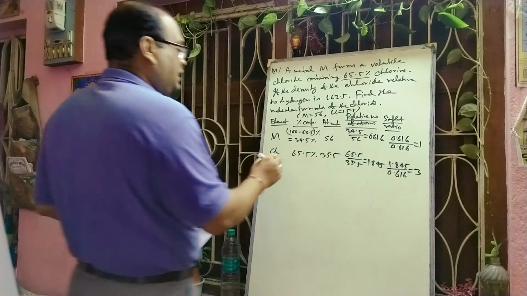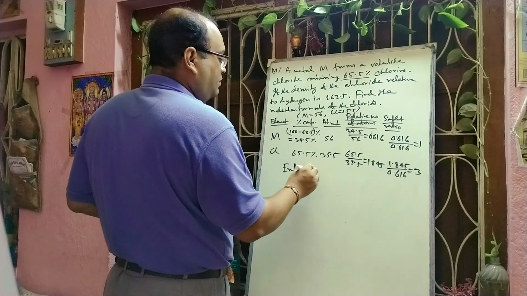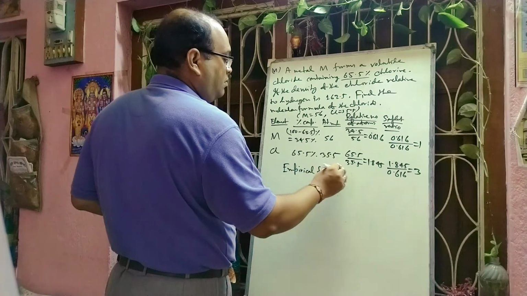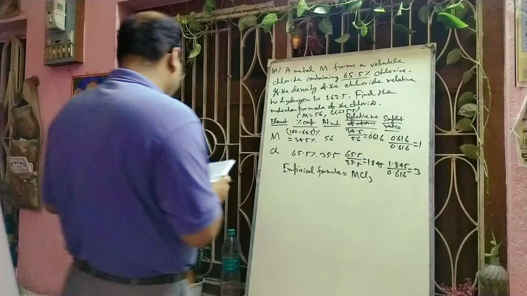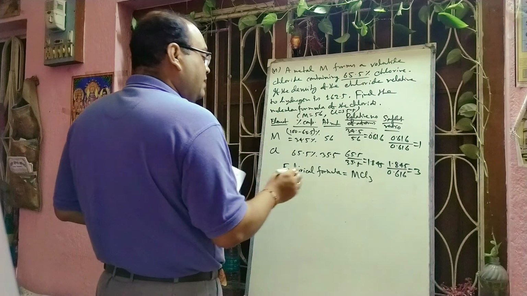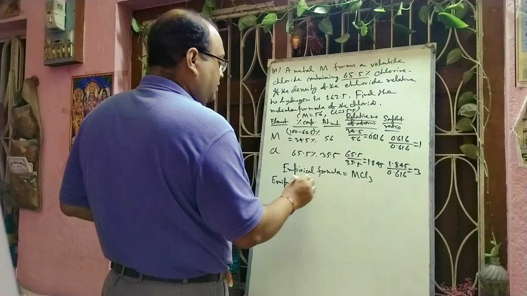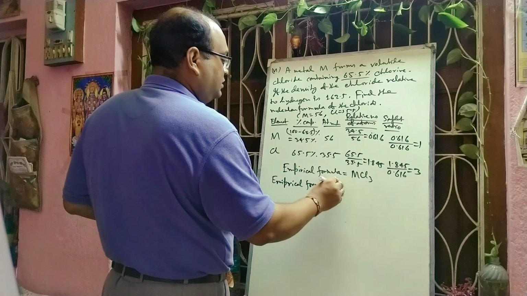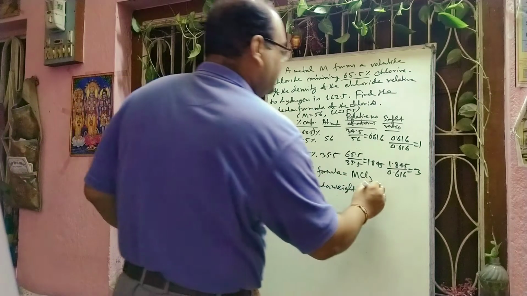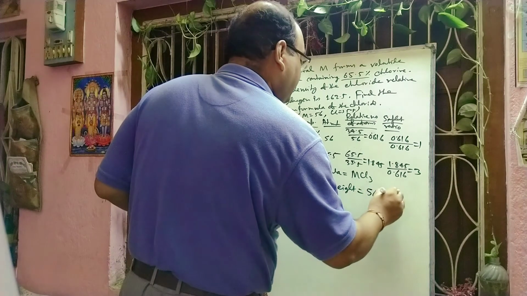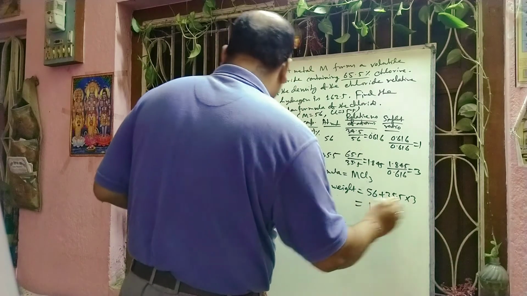So the empirical formula will be MCl3. Now you have to calculate the empirical formula weight, that will be 56 plus 35.5 into 3, which gives 162.5.